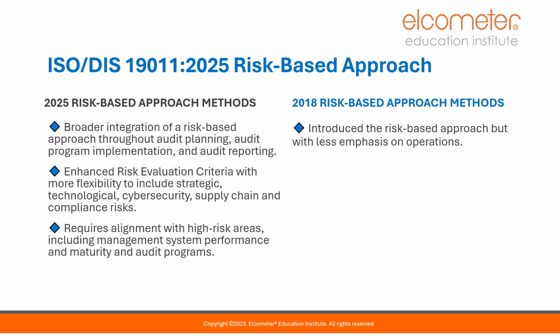The ISO 19011-2025 draft expands the use of risk-based approach throughout audit planning, audit program implementation, and audit reporting. Additionally, the draft requires alignment of high-risk areas, including management system performance, audit planning, and audit program implementation phases. The 2025 version encourages auditors to consider both risks and opportunities when auditing.